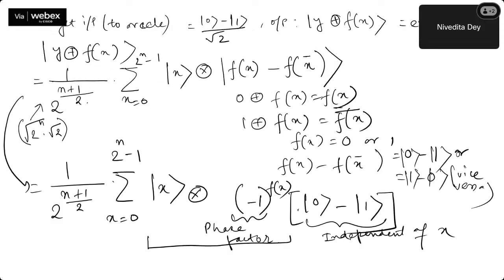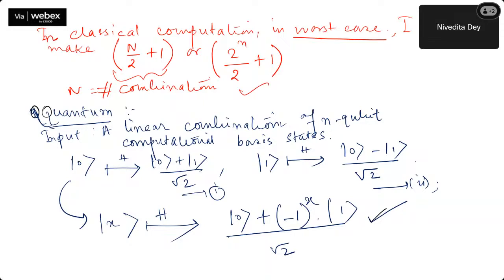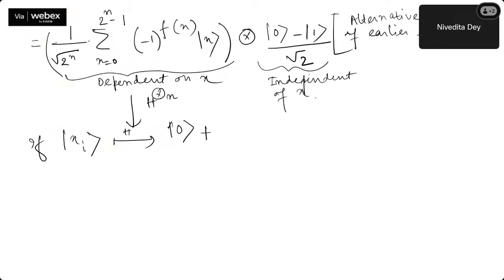Basically here we got the general one. So ket0 plus minus 1 to the power x times ket1 by root 2. So if I keep on applying here, it will be ket0 plus minus 1 to the power xi, because I have taken i as the index, so xi times ket1, divided by root over of 2.